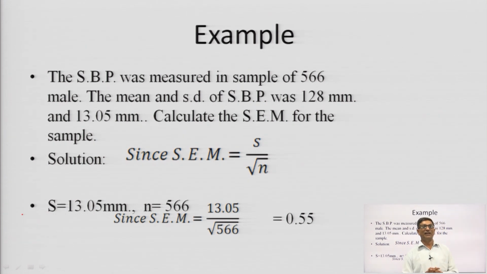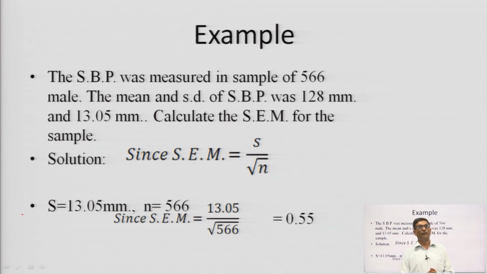We have a study in which we measured the systolic pressure for 566 males, and after the study we found that the mean systolic pressure was 128 millimeter of mercury, and standard deviation is 13.05 millimeter of mercury for that study. And we want to calculate the standard error of mean for the sample.